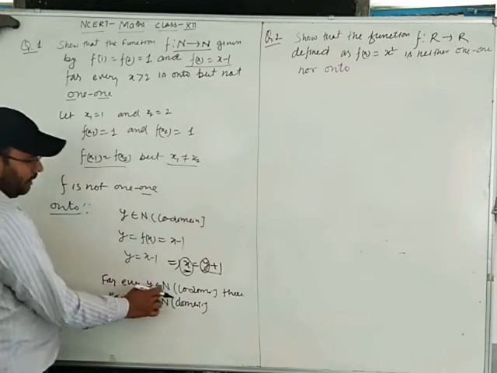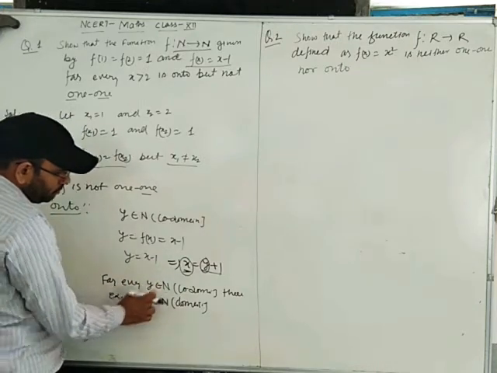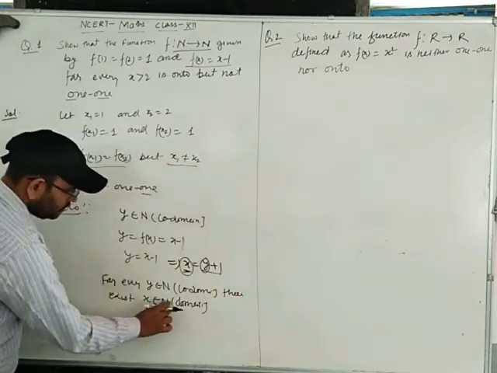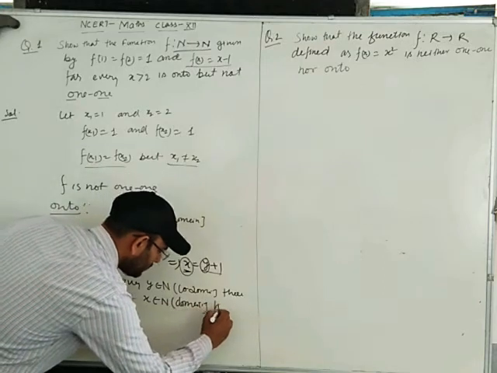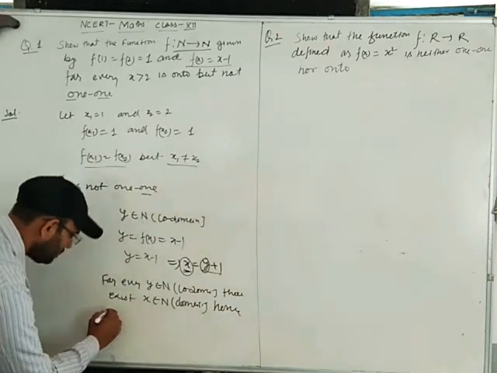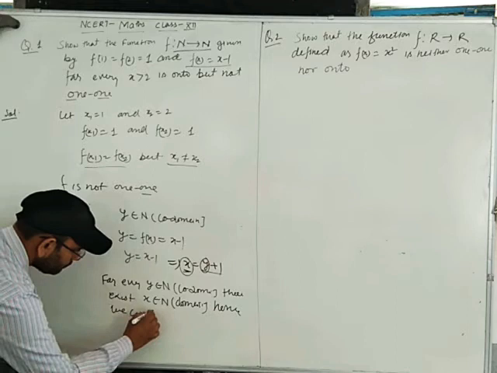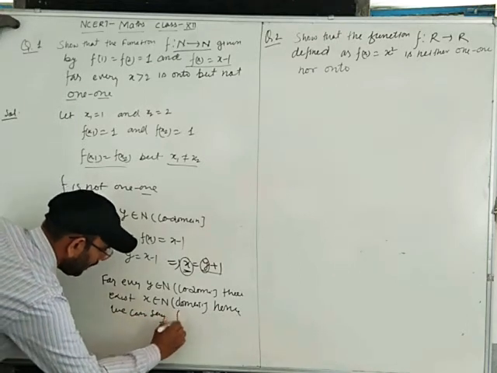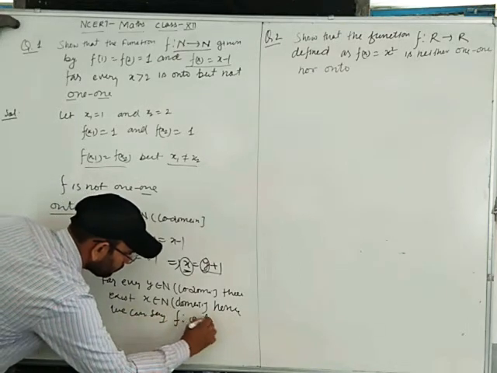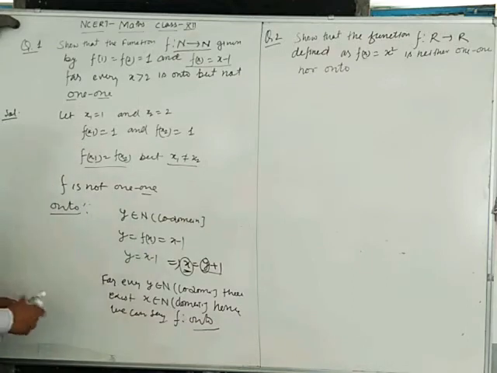For every y, y belongs to natural numbers, there exists an x in the domain. Hence, we can say f is onto.